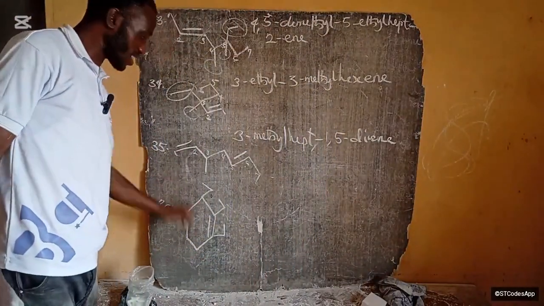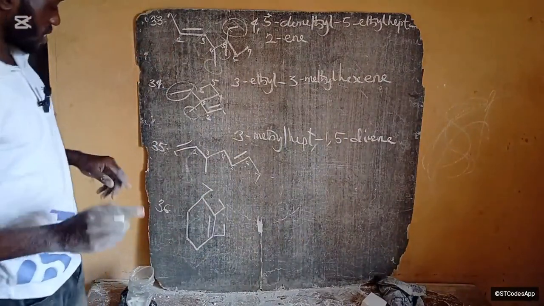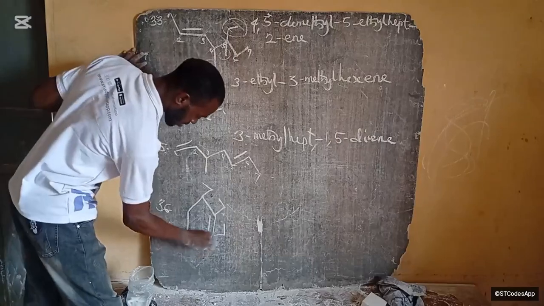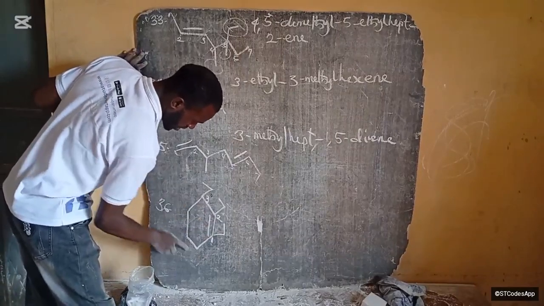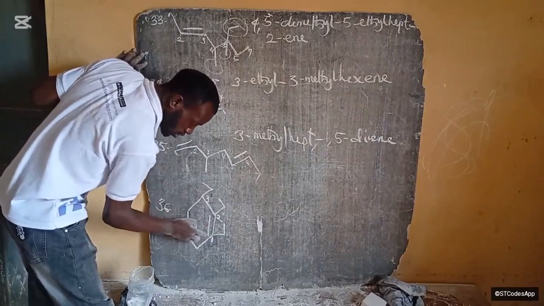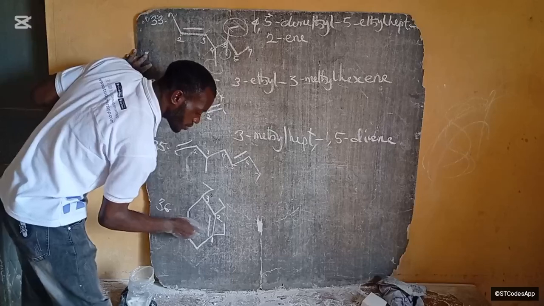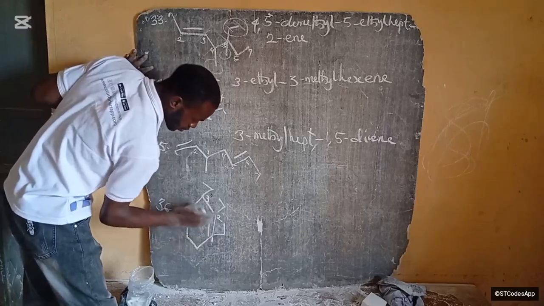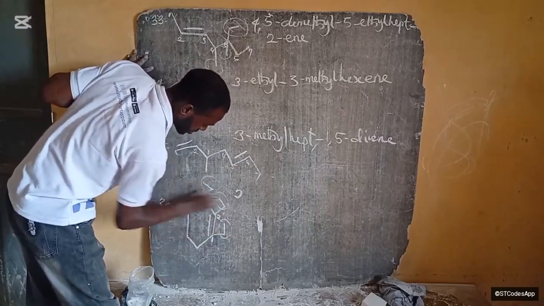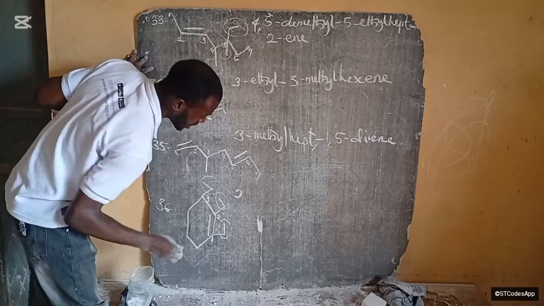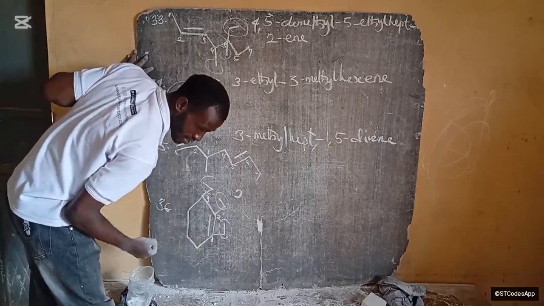Then in this case, there is a cyclo. Don't forget there is a cyclo. So the correct direction to number is just here. From here, 1, 2, 3. If you start from anywhere here, it's going to give this double bond the lowest number. Notice your priority is the double bond here still. So that will be 1, 2, 3. Because it's the same thing, ethyl, ethyl, ethyl. Those are the substituents there. If there's something different, it's still the same way. Is that okay?